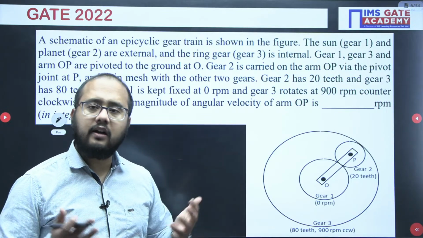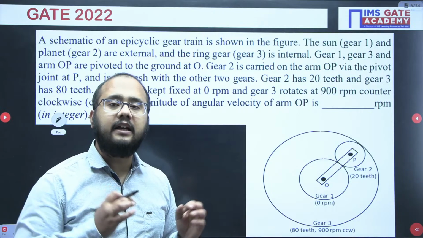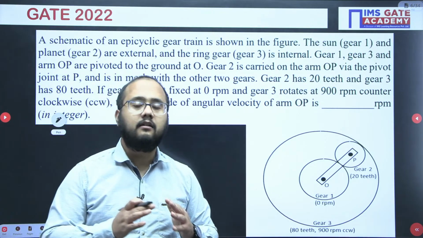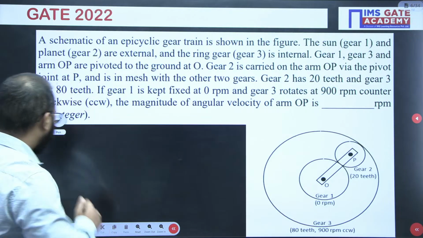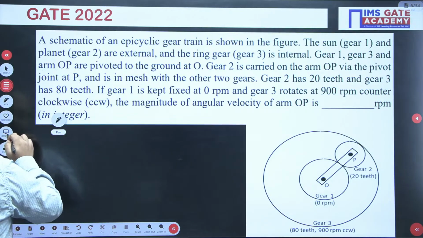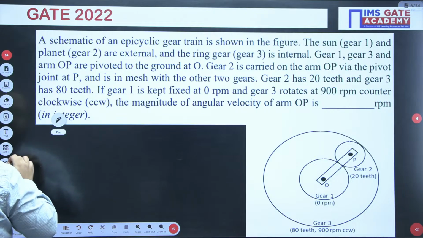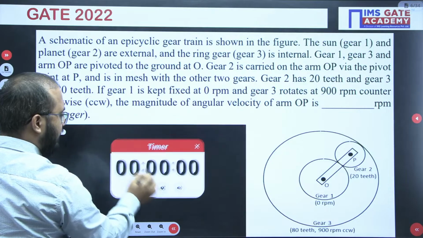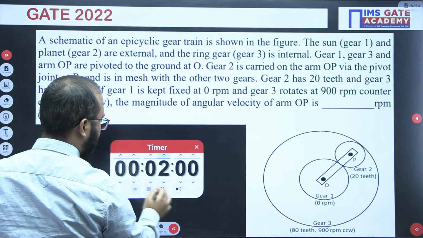In the last session I've already told you how to approach any numerical of an epicyclic gear train with the help of the relative velocity method, right? Now, let me give you the time here. So 2 minutes, I think, is sufficient to solve this question, okay?